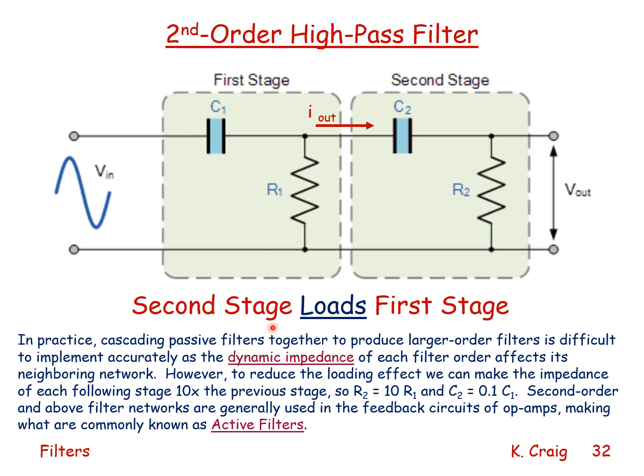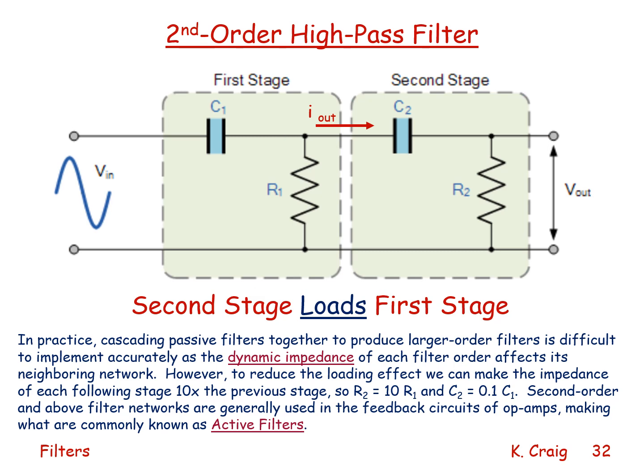So in this case, we already know the second stage will load the first stage, and the overall transfer function will not simply be the product of the ideal high-pass filter transfer function times the ideal high-pass filter transfer function because of this loading, because I out from the upstage filter is not 0.